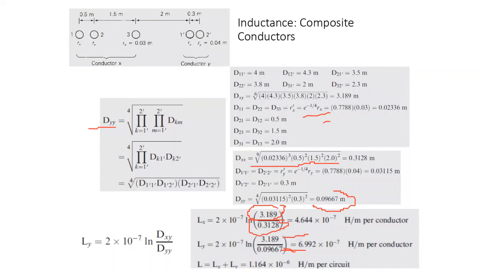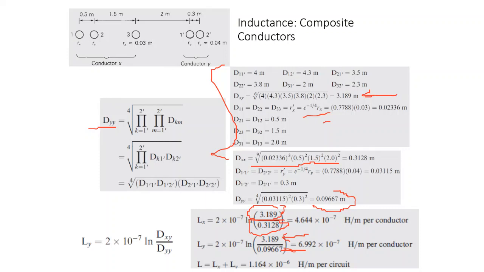DXY equals DYX. The distance between conductor X and conductor Y is the same as the distance between conductor Y and conductor X. You see, after all this, you will only calculate one of the distances, DXY. That's it. So you know now DYX.